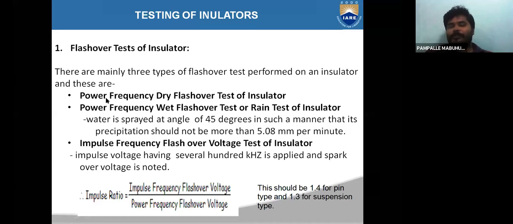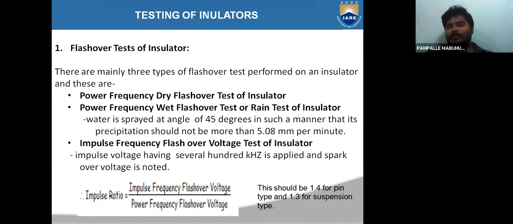If you observe the first one, the power frequency dry flashover test of the insulator: in this method, the insulator should first be arranged in such a way that it is arranged practically. That means however you use the insulator in practical purposes, in the same way you have to arrange it.